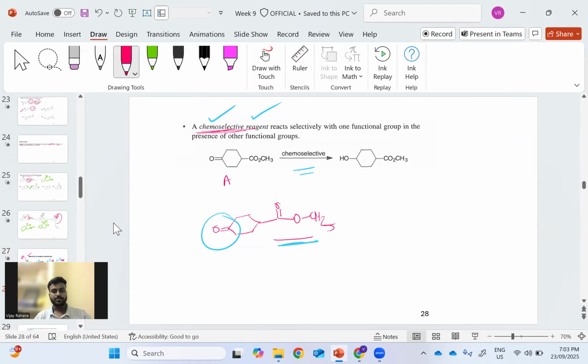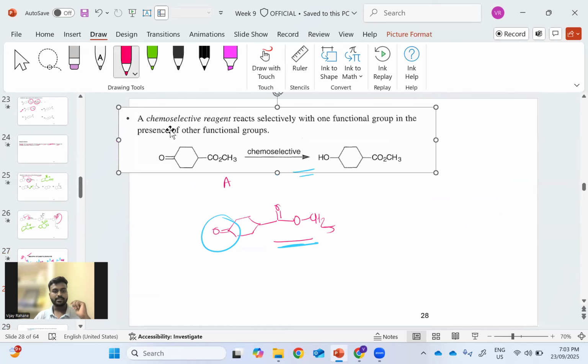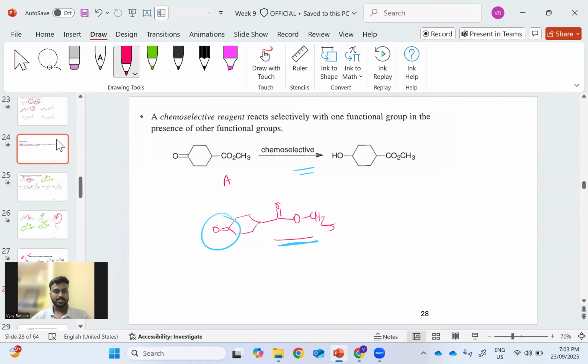So if we have such compounds, we'll revise the concept of chemoselectivity here. Suppose you have a compound which has a carbonyl group, that's the keto, and another group, that's the ester. If we want to selectively reduce the keto group, at that time we need to use a chemoselective reagent that selectively reduces the keto without affecting the ester group.